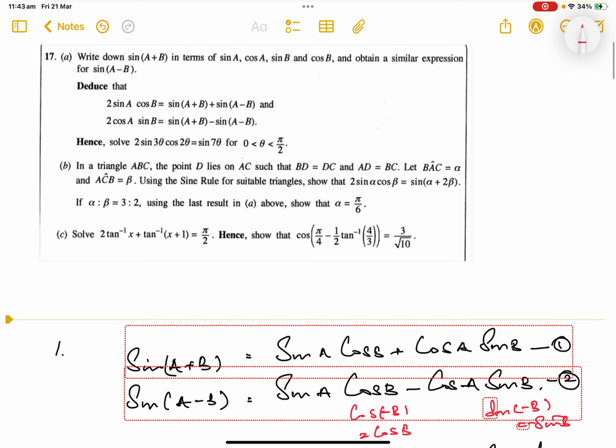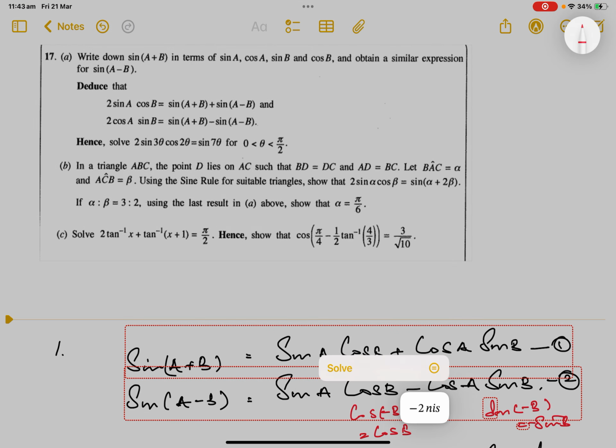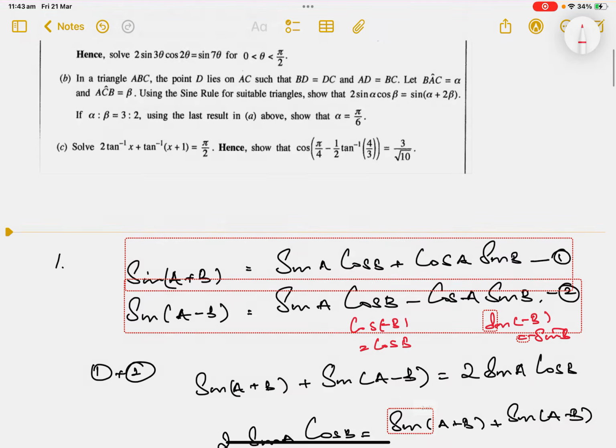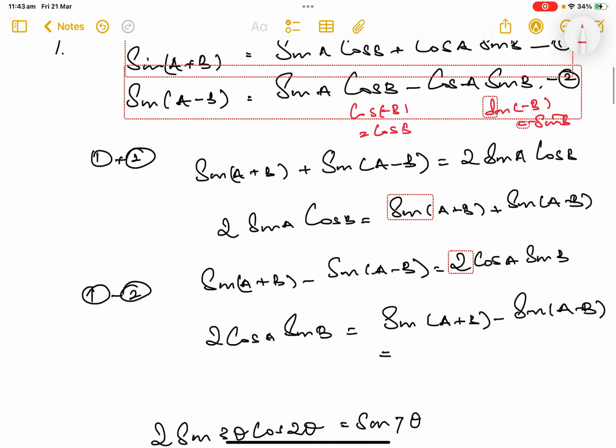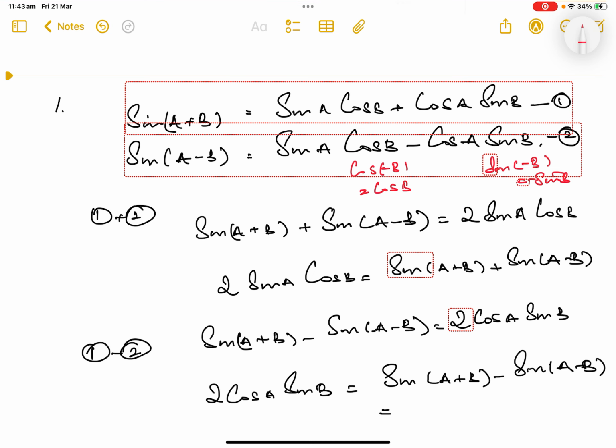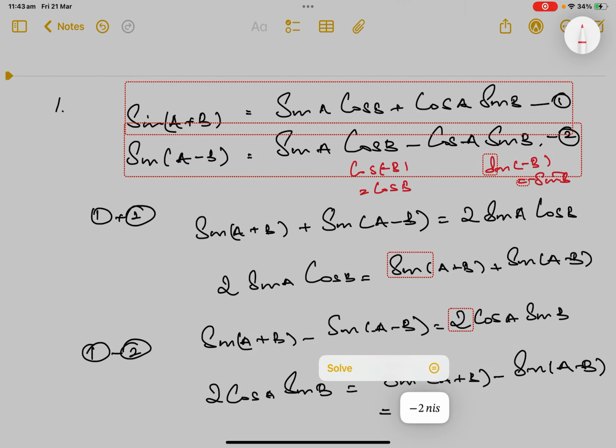That's the first part. Second part: deduce that 2 sine A cos B equals sine A plus B plus sine A minus B, and 2 cos A sine B equals sine A plus B minus sine A minus B. Let's do the first. If we simply add equations 1 and 2, the left hand side is sine A plus B plus sine A minus B, which is what we want.